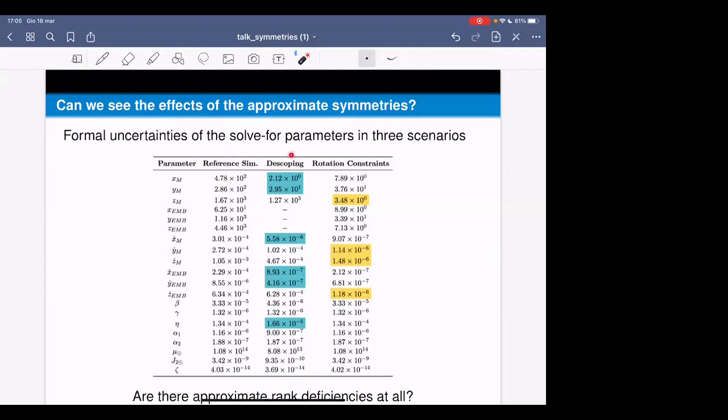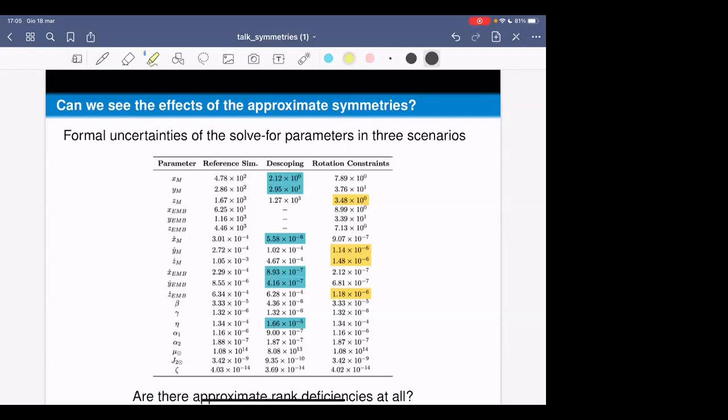The second setup is doing a descoping of 3 parameters. And the third one is to apply the rotation constraints, the one that I just showed you.